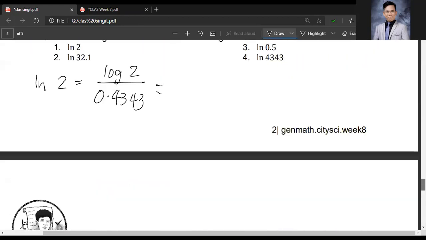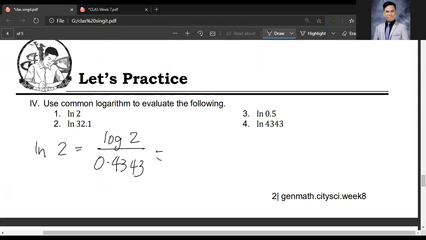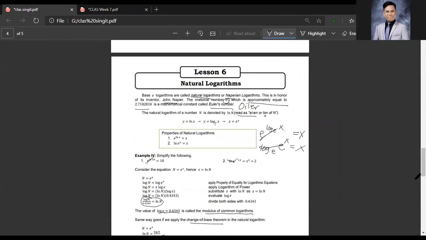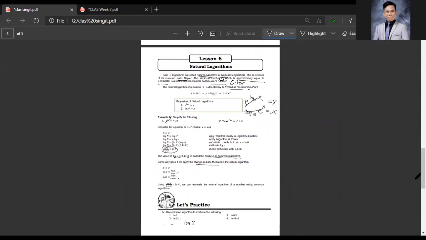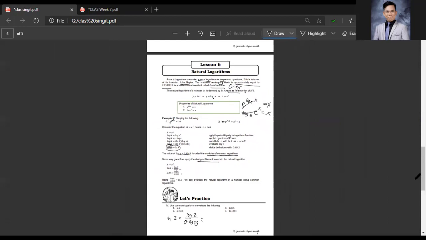Check nyo na lang yung answer ninyo. Okay. Do you have question regarding our natural logarithm? May tanong, class? Wala?